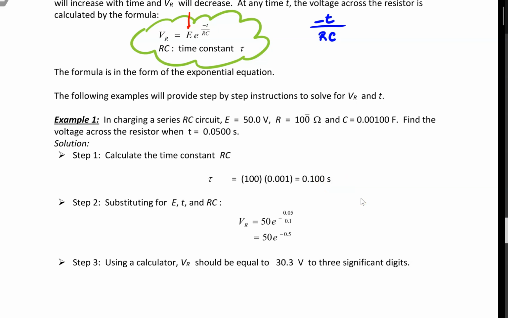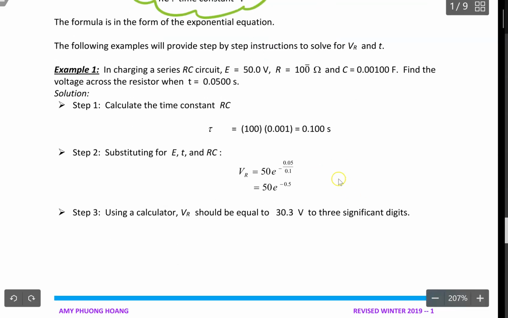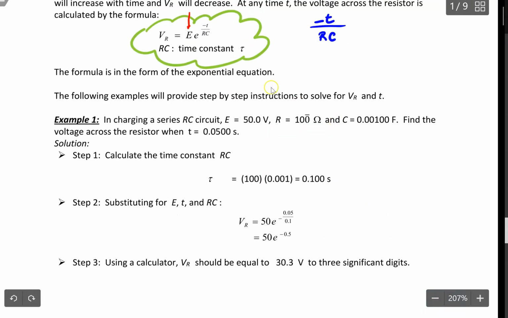Then I take the 0.05 given for me as t, so this is the negative t. 0.05 divided by 0.1, I should get 0.5 as the answer, with a negative. Now your next step is to take 50 and multiply e to this exponent of negative 0.5.